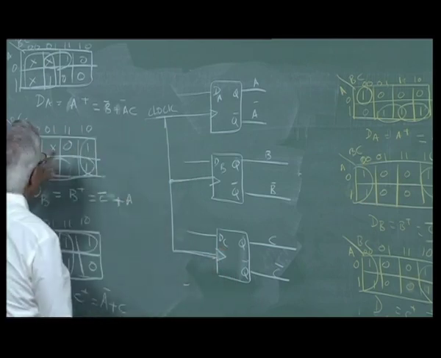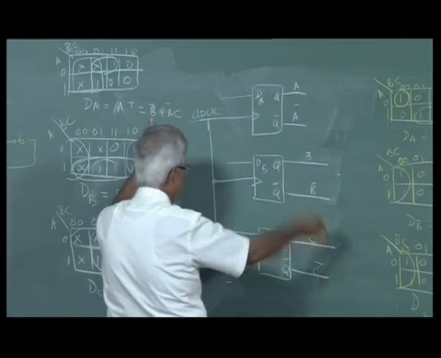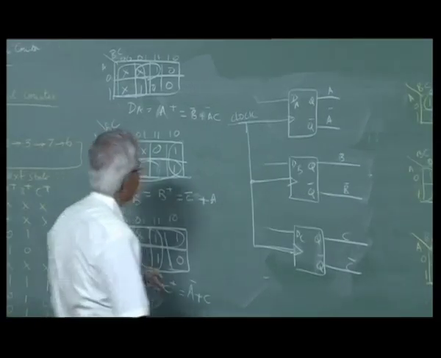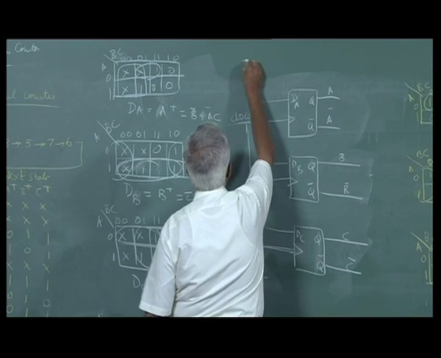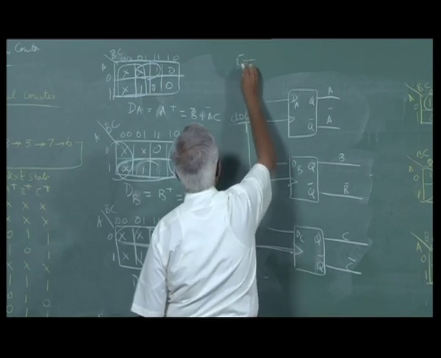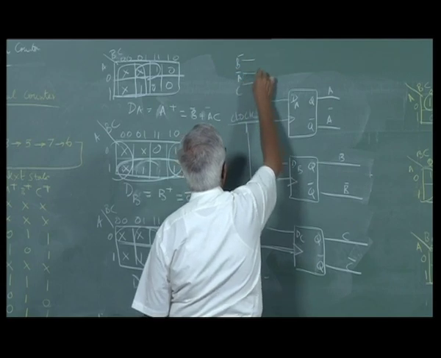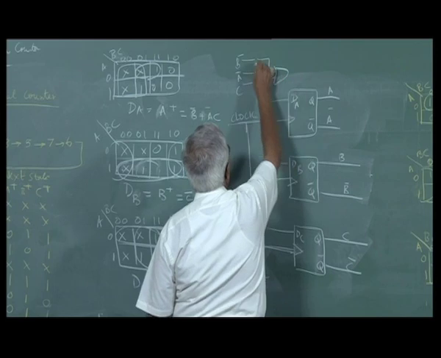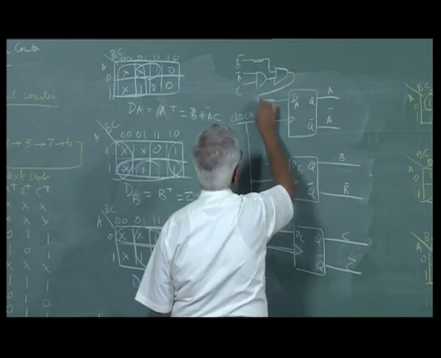DA is B bar plus A bar C. A bar, B bar, C bar are available, so no inversion is required. So, it is B bar or A bar C. This is going to be DA.